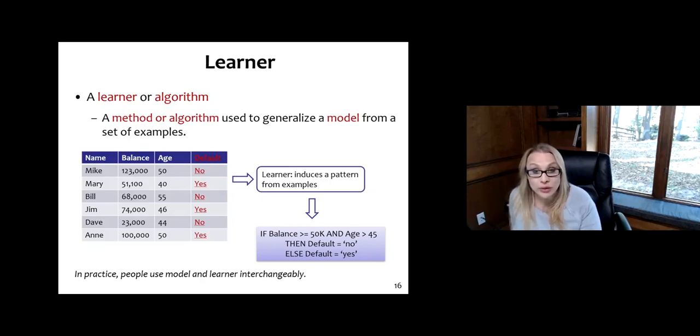The pattern we derive is this: if the balance is greater than or equal to 50,000 and age is greater than 45, then default is no, else it equals yes. In practice, people tend to use model and learner interchangeably. So if you hear the word learner or model or algorithm, they're typically going to be talking about the same thing.